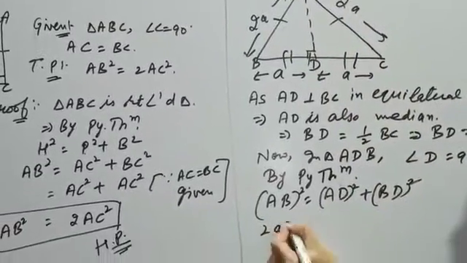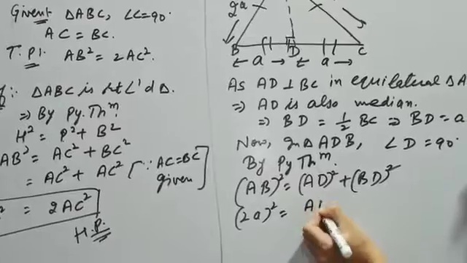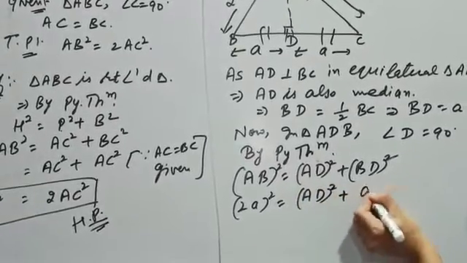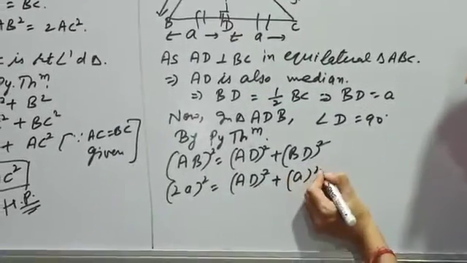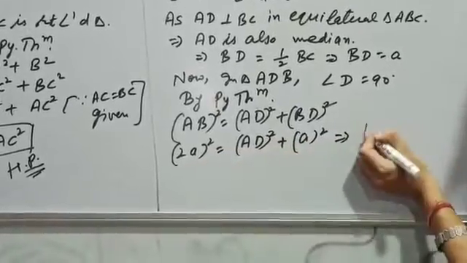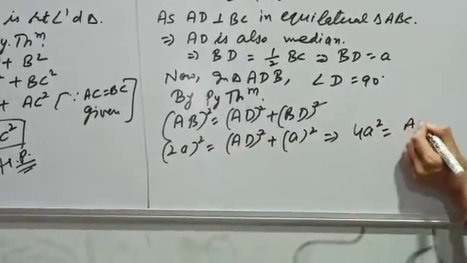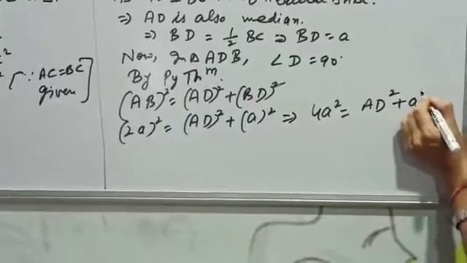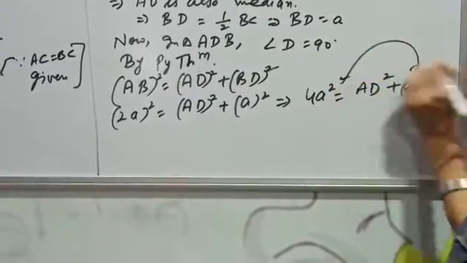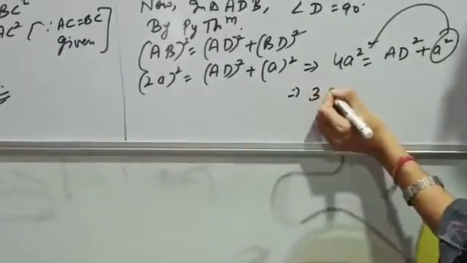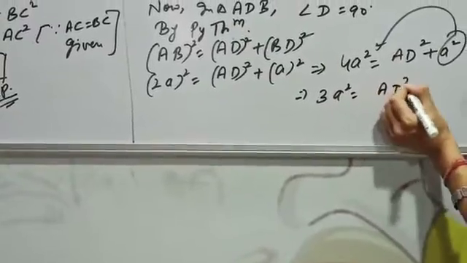So it is 2A square, AD we want to find out, and BD we have already confirmed is A square. So this equation will be formed as 4A square is equal to AD square plus A square. This A square goes to the other side. It makes 3A square is equal to AD square.